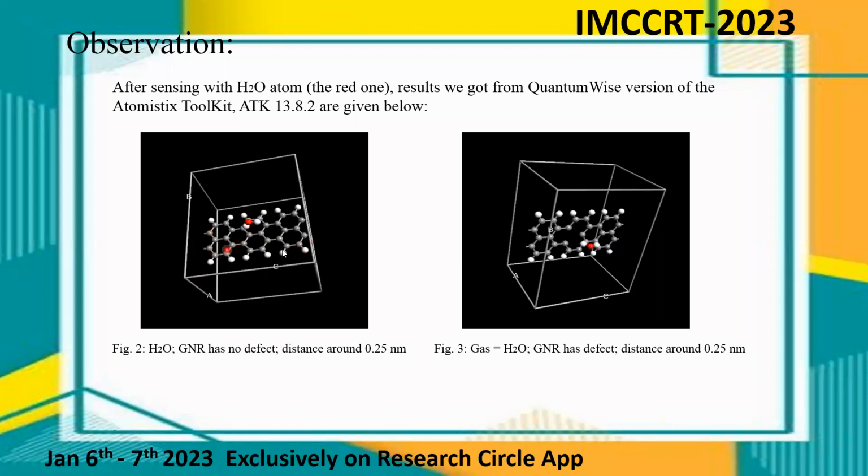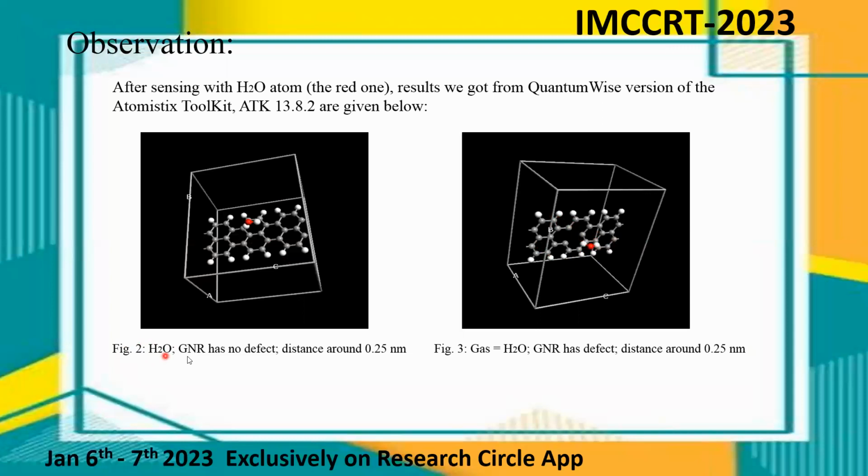From our observation, we are watching that this graphene sheet is defect free. But in this figure, if we observe very closely, and I'm marking an area here, we are observing a defect of graphene. Here is a defect of graphene. So this is a defected graphene sheet with the H2O molecule.